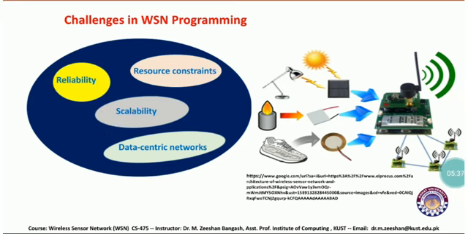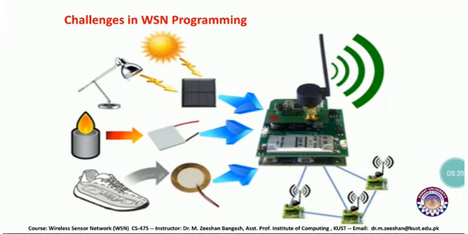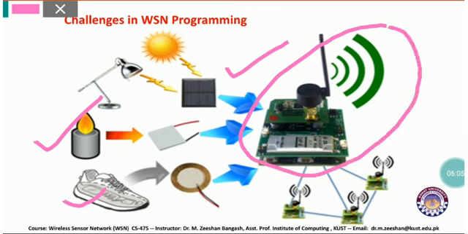So this is a special type of network, and you can see that the different devices or sensors present at different localities are transmitting their data or observations of the phenomena through the wireless medium to a central part, which is a sink node.